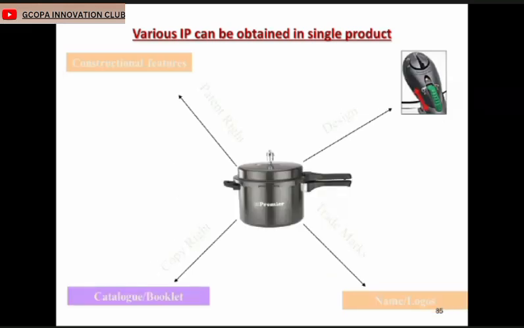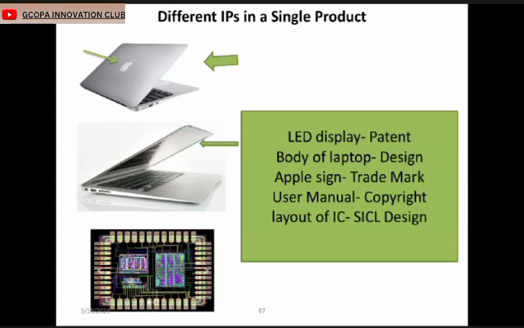The outer look can be registered under designs. The name under which the product is sold can be registered under trademarks, and the book catalog, booklet, and the user manual can be registered under copyrights.